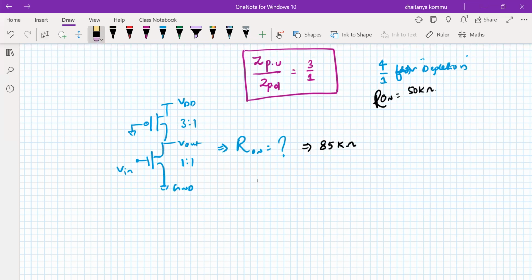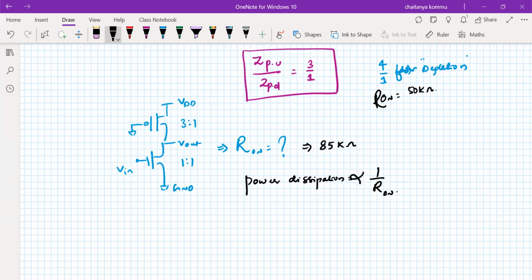Okay, how do we calculate the power dissipation? Power dissipation of the given circuit is inversely proportional to R on. That's what we calculated previously.